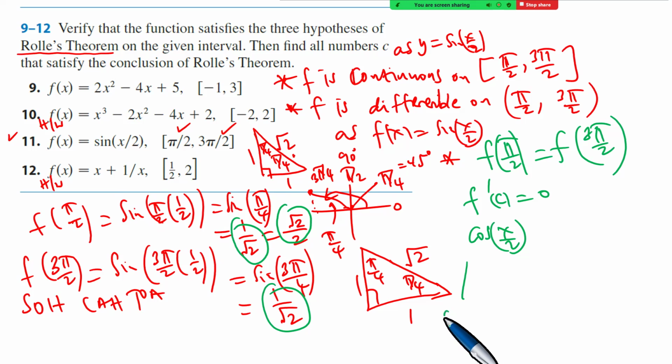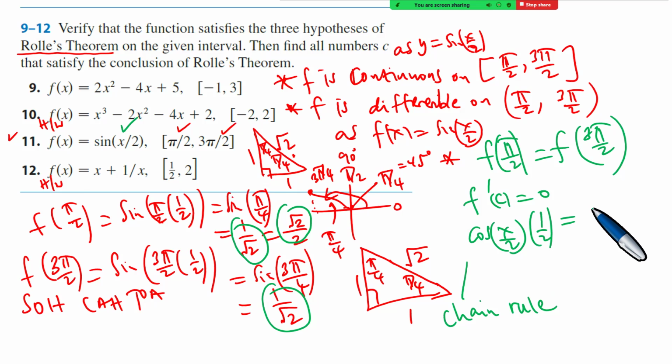We use our old friend, the chain rule. What does the chain rule say to us? The derivative of the sine is the cosine, and the derivative of x over 2 is 1/2. Chain rule.